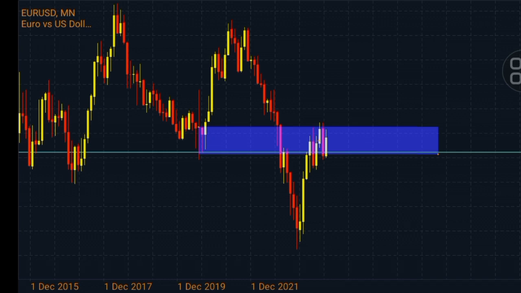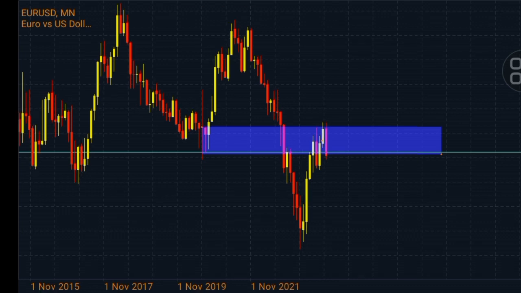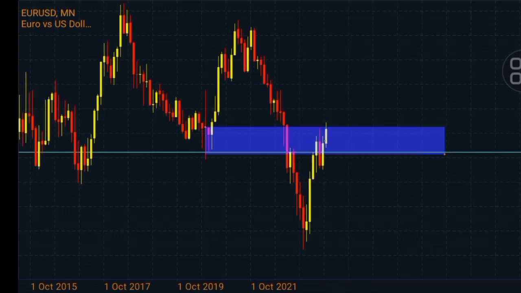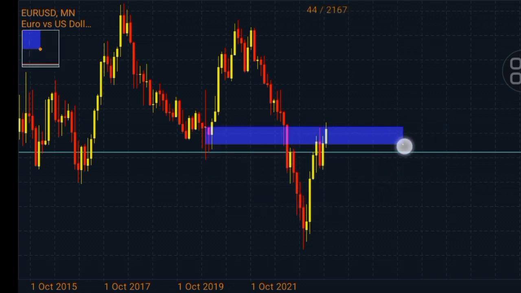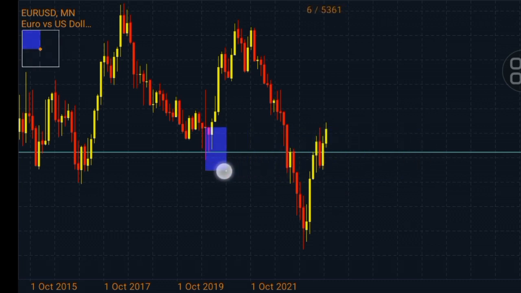So we are not trying to swing or do position trading. What we are going to do is just look for a better position that we can earn as day traders or scalpers. Let me start from the downside.